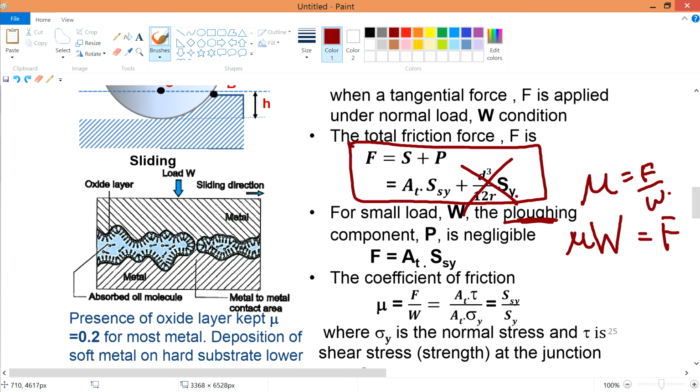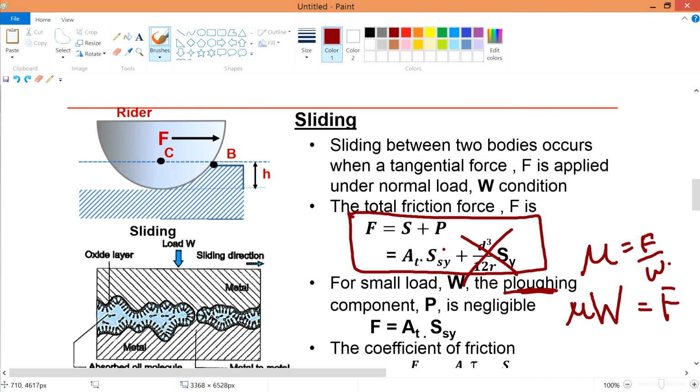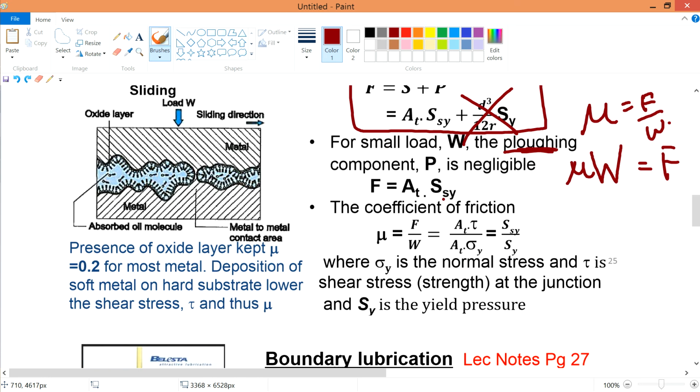So coming to think about it, this is the yield stress of the softer material. I repeat again, this is the yield stress of the softer material, so this is why it's SY. Therefore the projected area times the shear stress of the soft material, divided by the projected area multiplied by the yield strength of the hardened material.